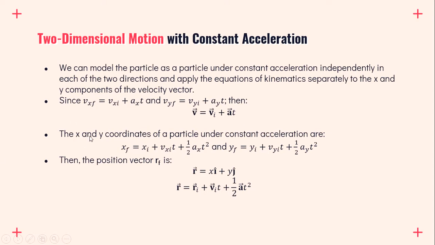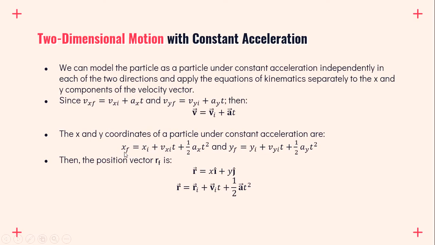So, the x and y coordinates of the particle under constant acceleration are, if you need to review this equation, you can check the last lesson. This formula is just the displacement formula. We just transpose xi here because xf minus xi is equal to the total displacement, the change of x.